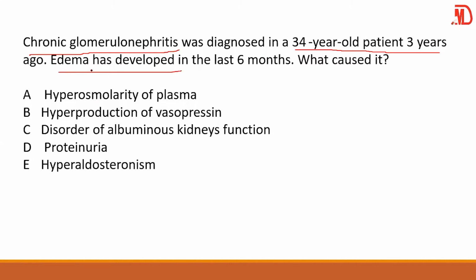And in glomerulonephritis, what happens? The glomerulus becomes permeable to proteins. Because I said one of the causes of edema formation is proteins, or albumin.